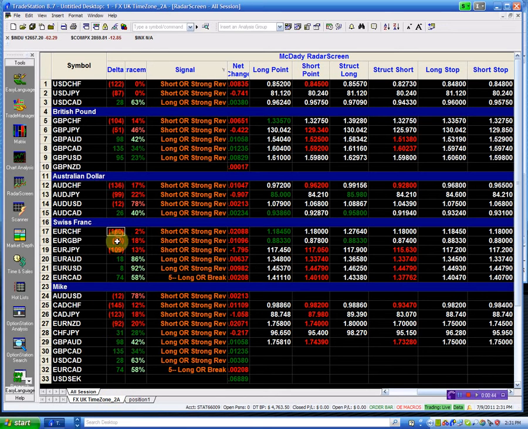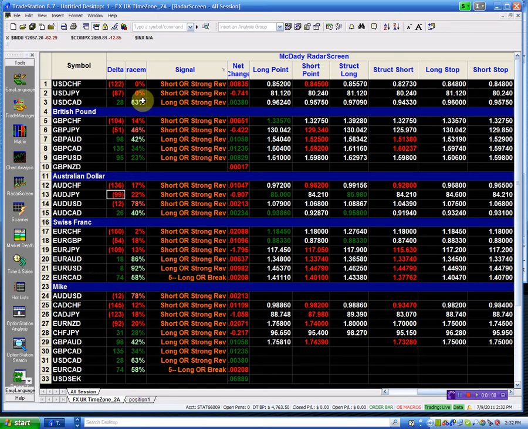The Euro Swiss 160 points. The Euro yen declined 109. Look at the CAD Swiss 145. And the CAD yen also sold off 123. The Aussie yen sold off 99.